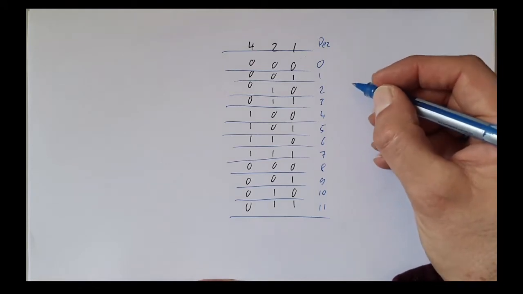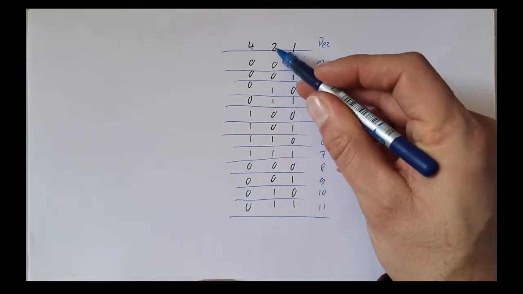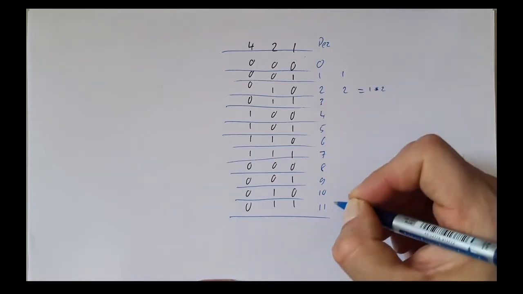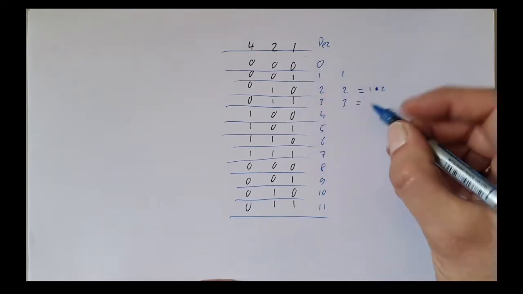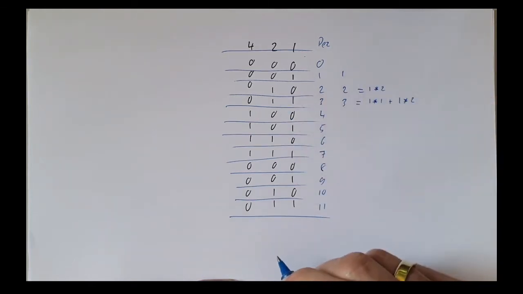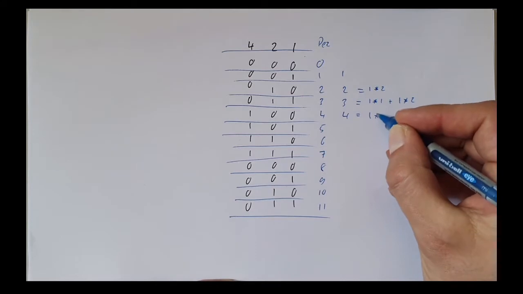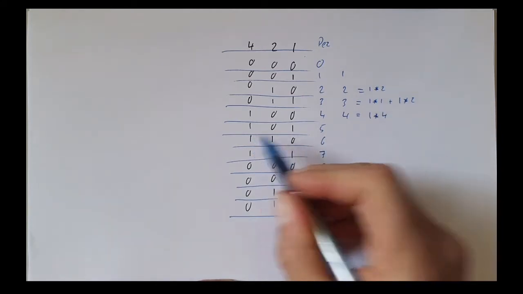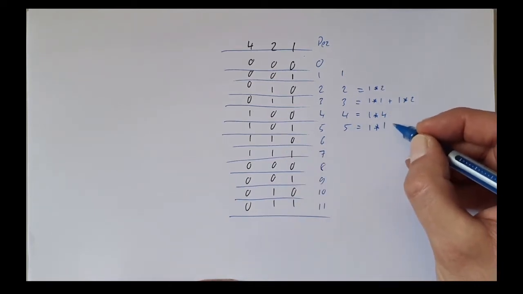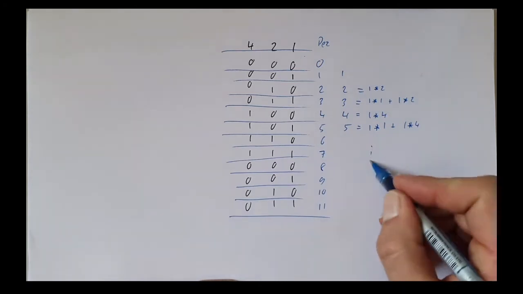Given by 1, plus nothing, or 1 times 2 plus nothing, or 3 is 1 times 1 plus 1 times 2 plus 0, or 4 is 1 times 4, or 5 is 1 times 1 plus 1 times 4 plus 0, and so on.